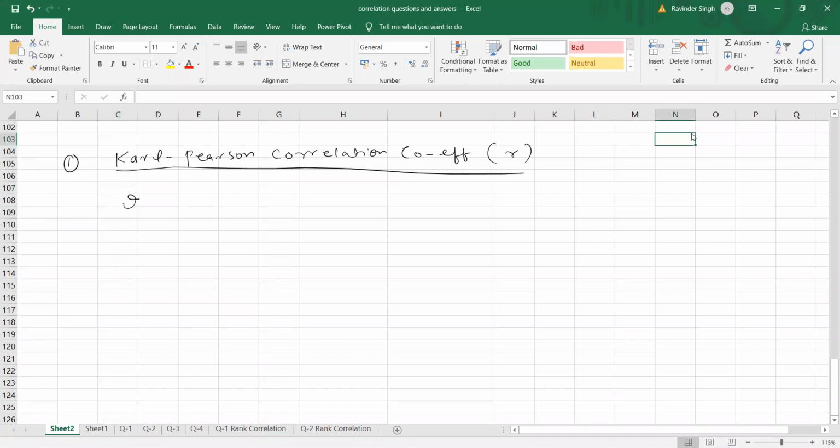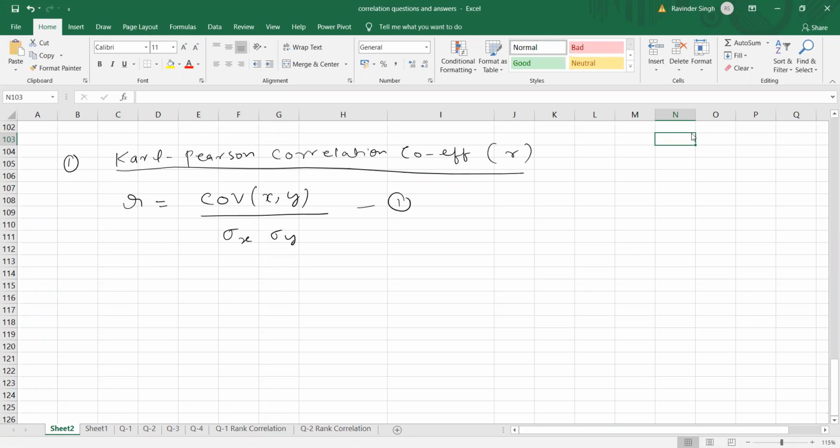So this correlation coefficient R is denoted with covariance of X and Y, divided by sigma X, sigma Y. Some set of formulas I'm writing, and I'm hoping all of you write parallelly with me. This is equation number 1.